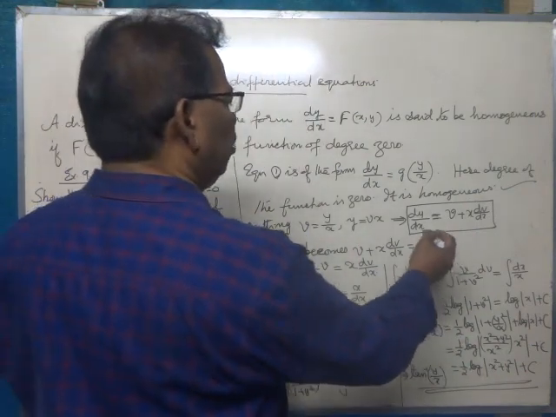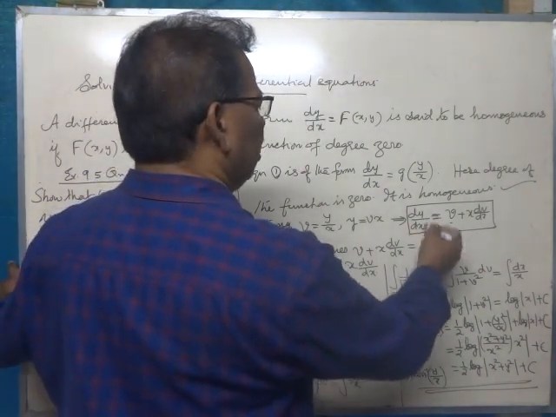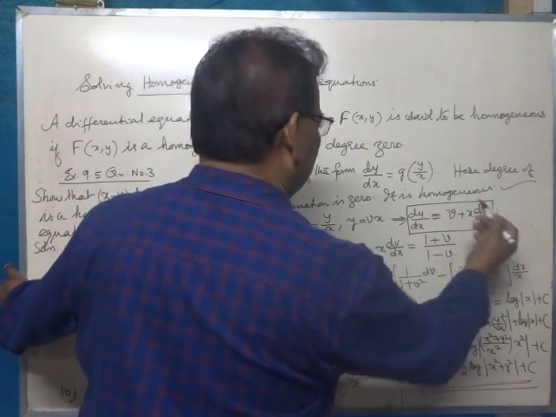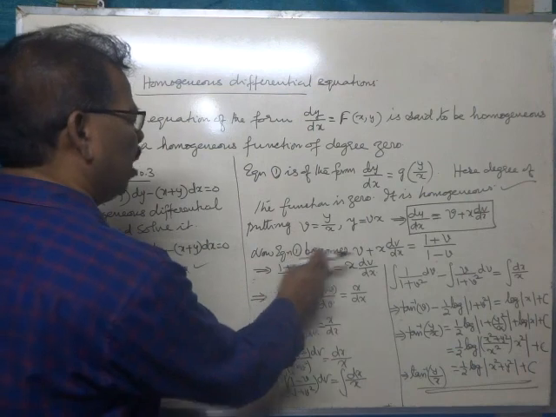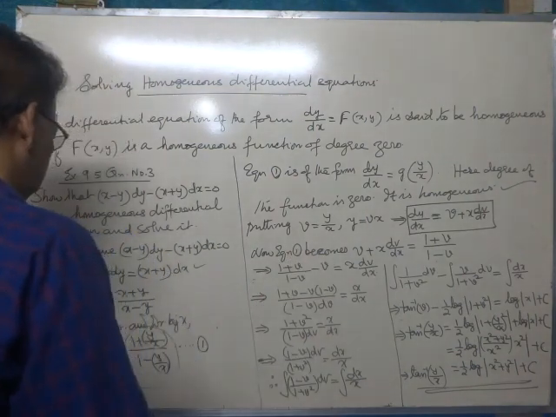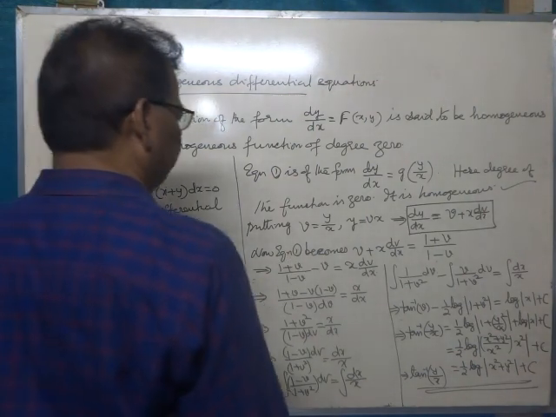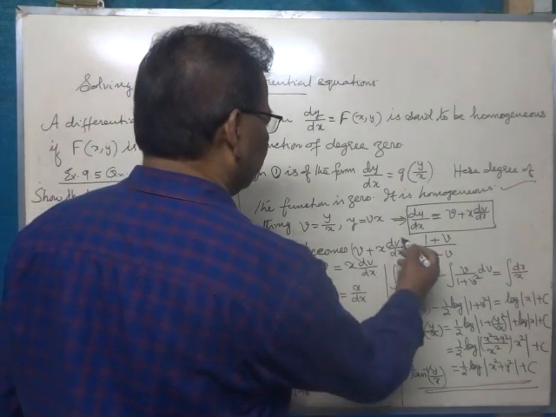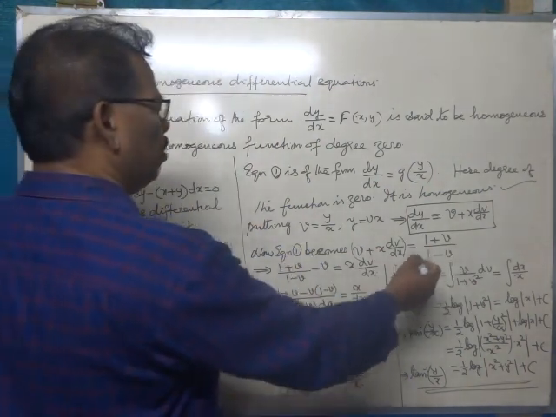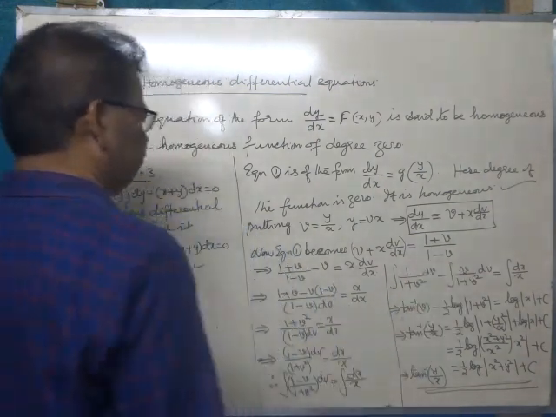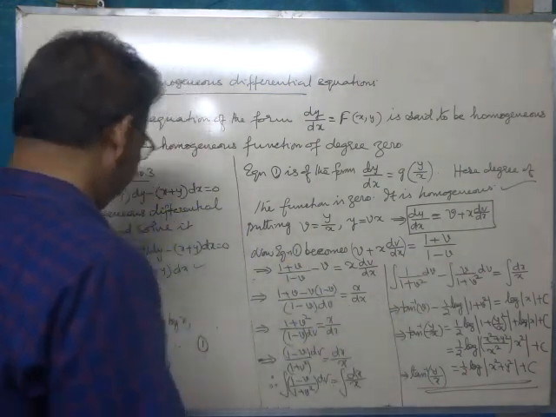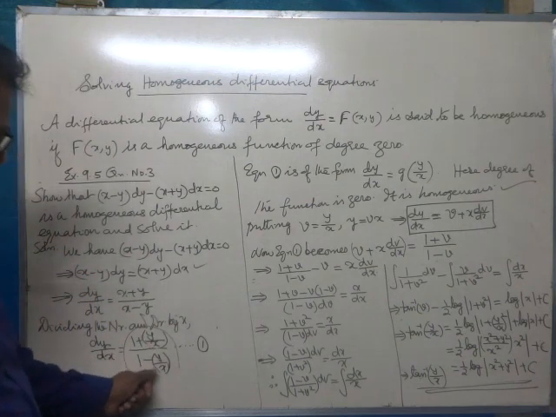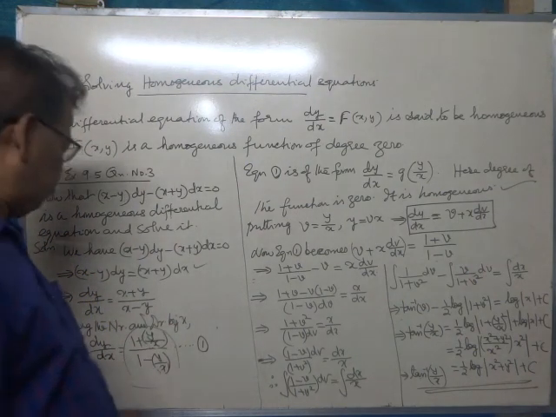And we are going to replace dy by dx by v plus x dv by dx. Equation 1 becomes v plus x dv by dx equals (1 plus v) by (1 minus v).